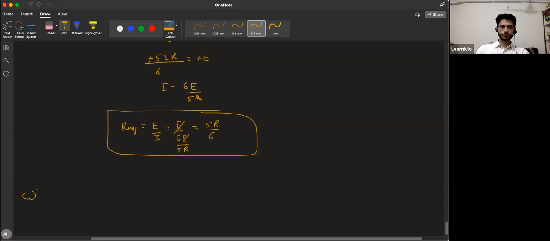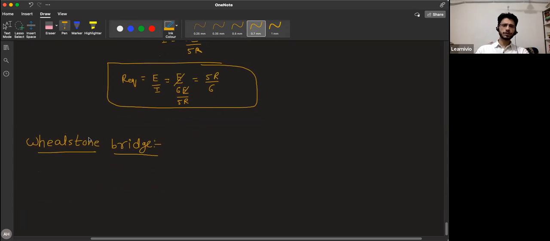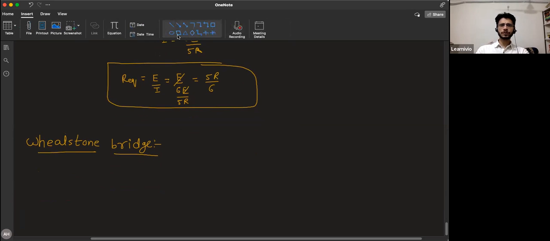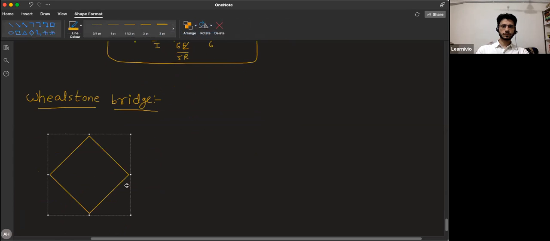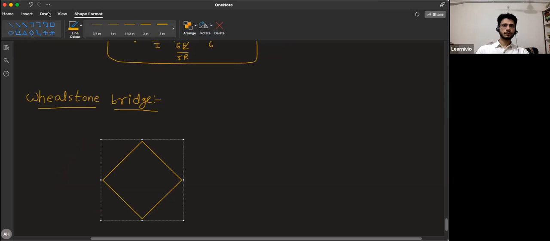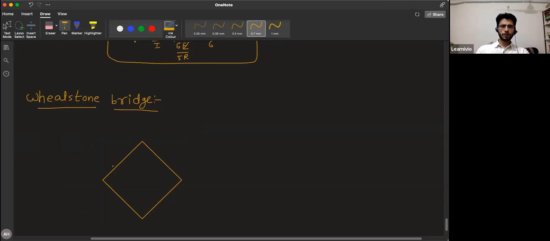See, Wheatstone bridge, we have already discussed Wheatstone bridge. It is a combination of 5 resistors.